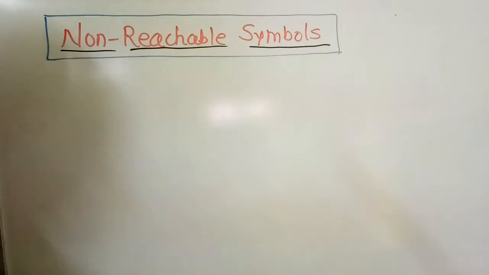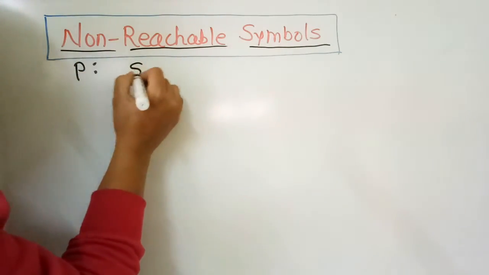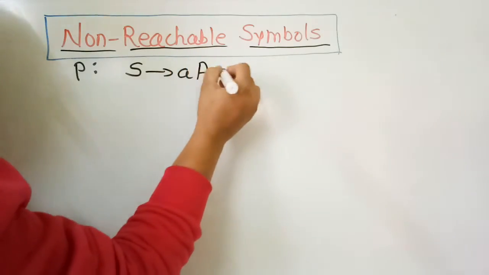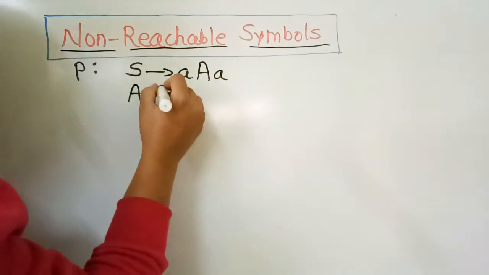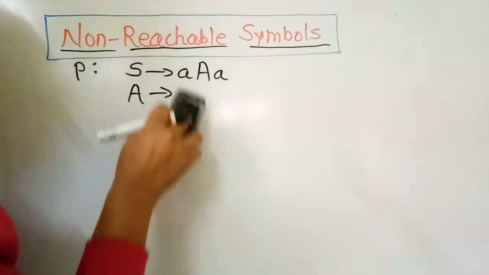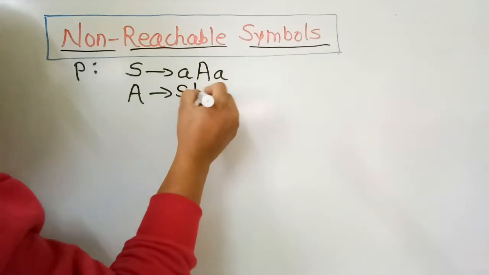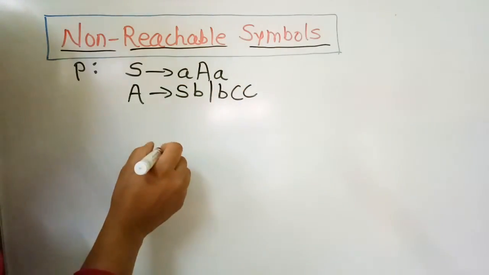For demonstration of this, we will take one example. The productions and rules are S gives A capital A. Again, A is having the production S B or BCC.